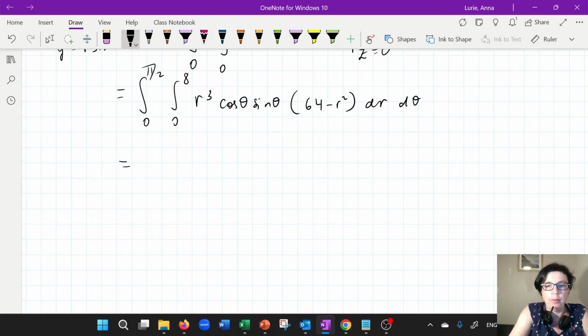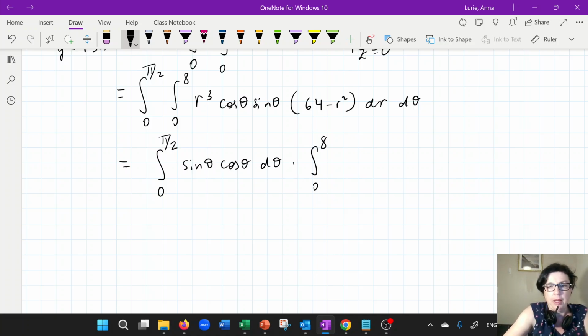And also, when you look at the integrand, it is a product of something that just has r and something that just has theta. So let's split this apart into 2 single integrals. I'll have the sine theta cosine theta integral, and then I'm going to multiply that by the r cubed times 64 minus r squared dr integral.